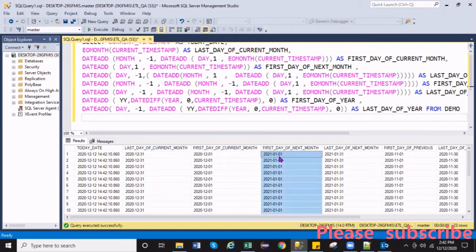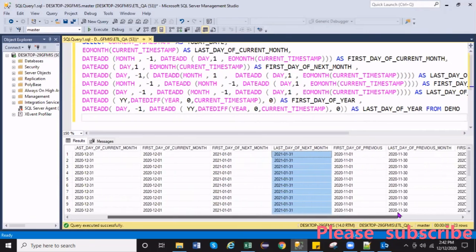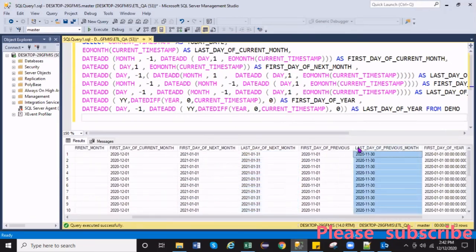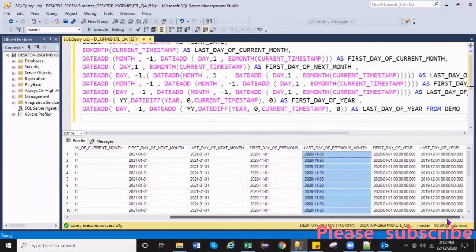First day of next month, 2021, January 1st. Last day of next month, 2021, January 31st. First day of previous month, 2020, November 1st. Last day of previous month, 2020, November 30th, right?